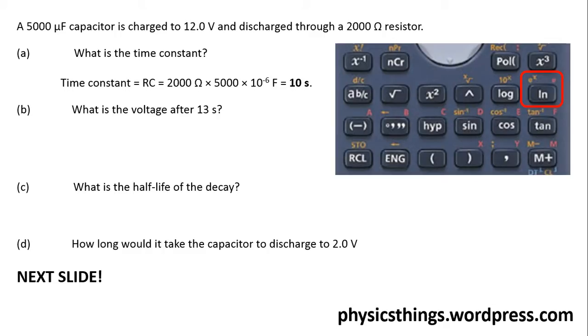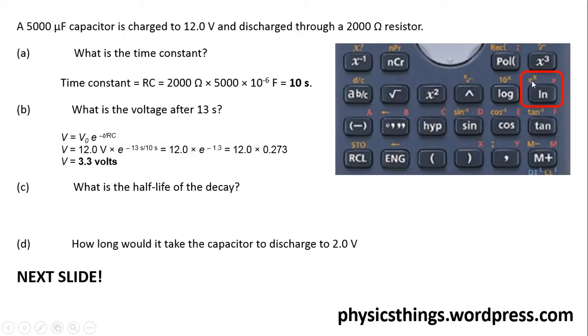What's the voltage after 13 seconds? Well, this is where I have to bring in my exponential equation. V equals V naught e to the minus t over RC. I already know that RC is 10 seconds. I know that t is 13 seconds. So the voltage after 13 seconds is my initial voltage of 12 volts times e, and to get e, I just press Shift and then this ln button, the natural logarithm button, to get e to the x.